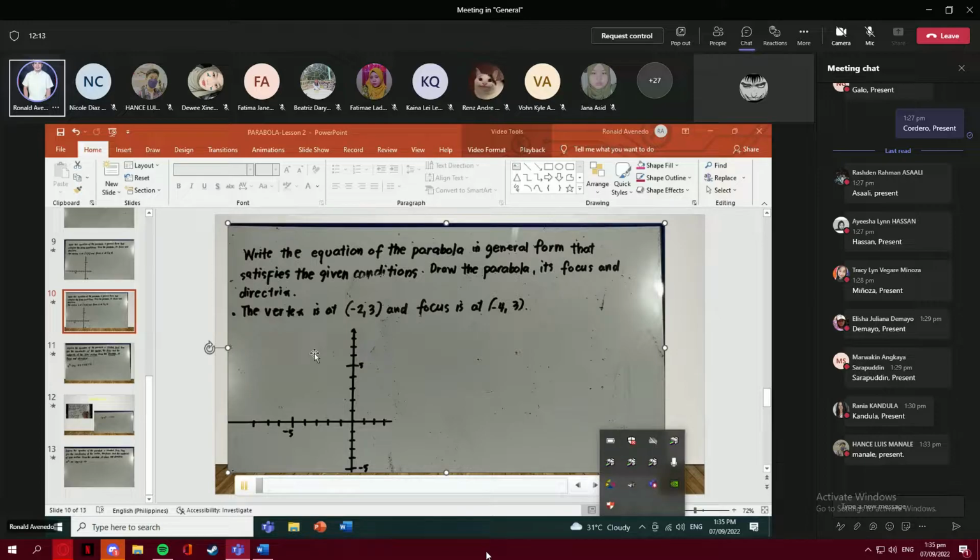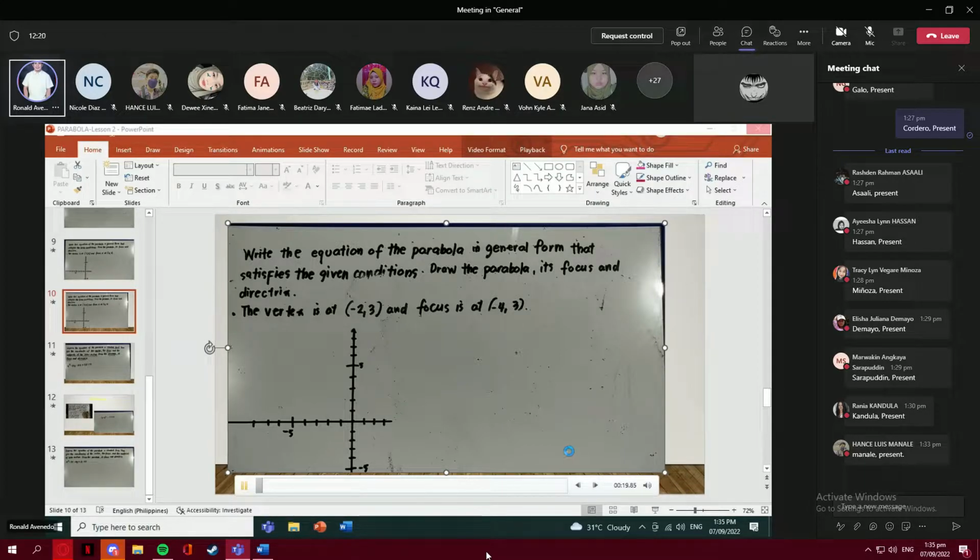What you'll be seeing now is the shortcut, while waiting for our PowerPoint, of how you're going to graph a parabola. In this, the shortcut is counting. The first step, which I said last time, is that you have to draw your Cartesian plane, identify what are given and what are the unknowns, then plot the points.